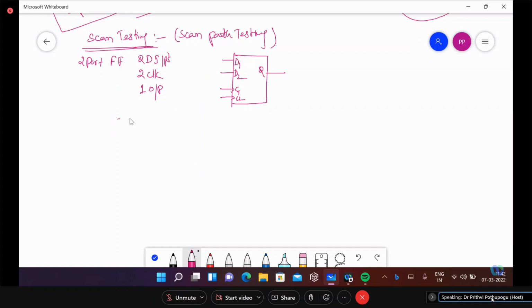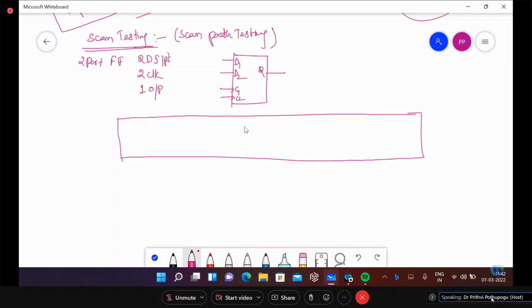Let me give a sample diagram. Say this is a circuit under test, CUT. Normally, these are the external inputs x1, x2, and so on to xn.